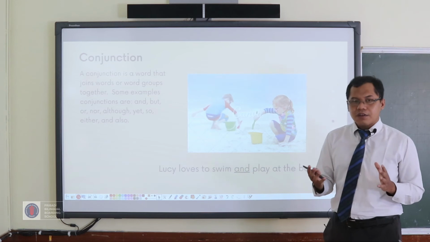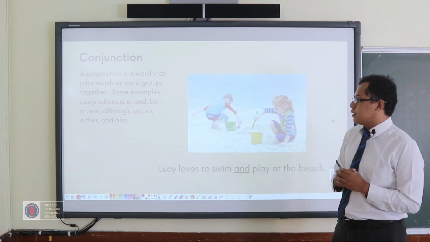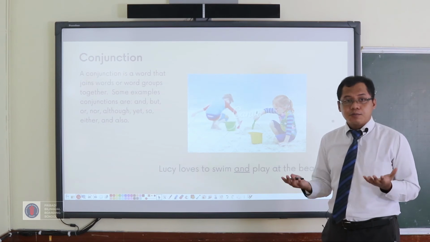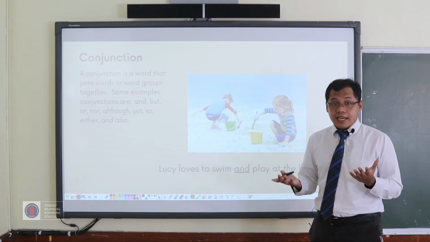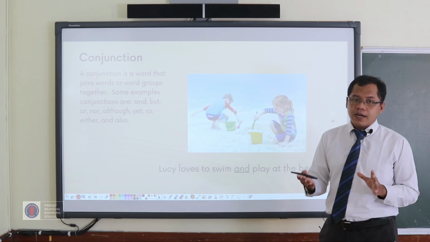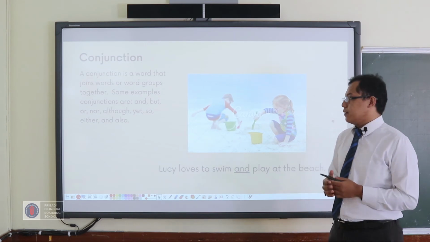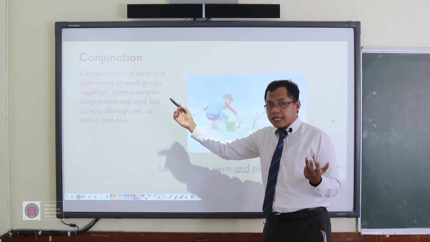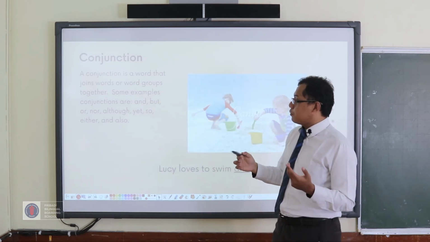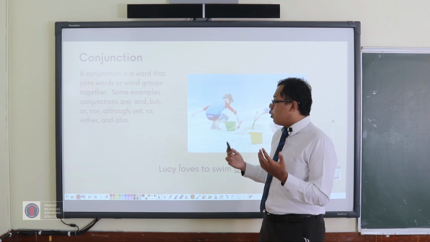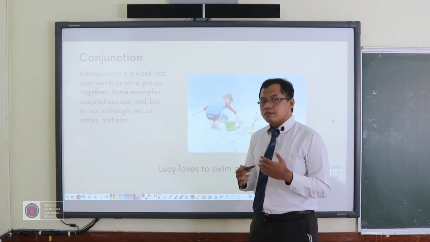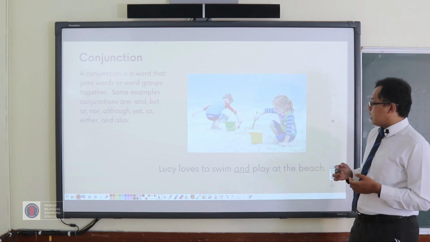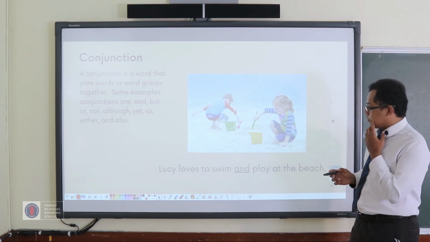Yeah, there are a lot of examples of conjunctions that we can find, probably when we are reading a book or a text. So you can find conjunctions easily. Some examples of conjunctions are this one. We have and, but, or, although, so, also, and many more.